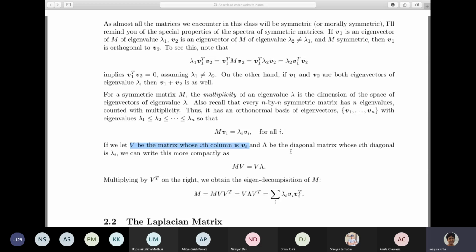And capital Lambda is the diagonal matrix whose ith diagonal entry is lambda i, so the capital Lambda holds all the eigenvalues. So in the matrix notation, M times V equals V times Lambda, because M times V is the collection of the M vi, and V times Lambda is the collection of the lambda i vi.